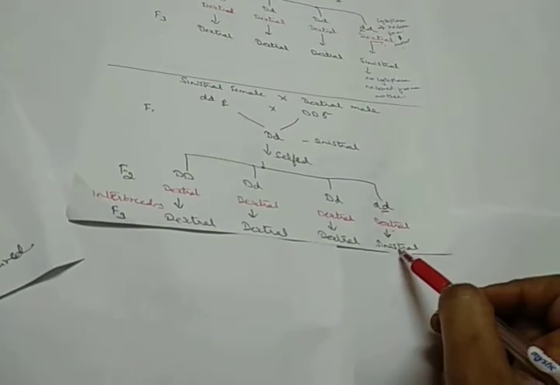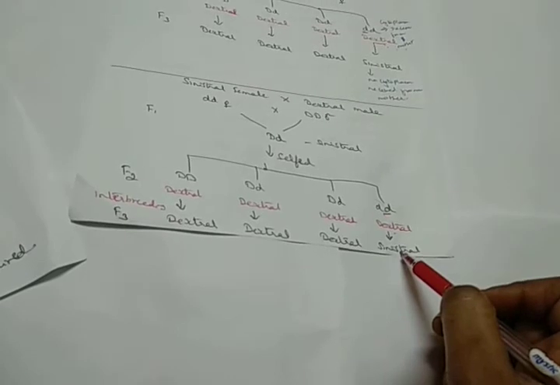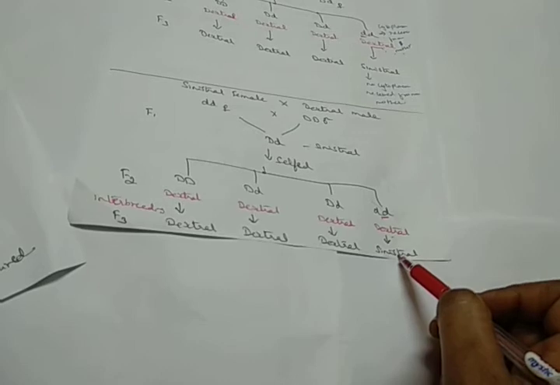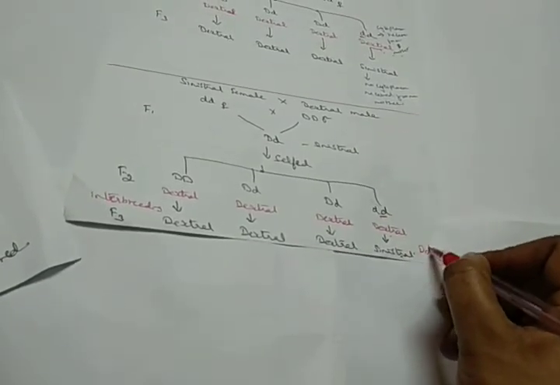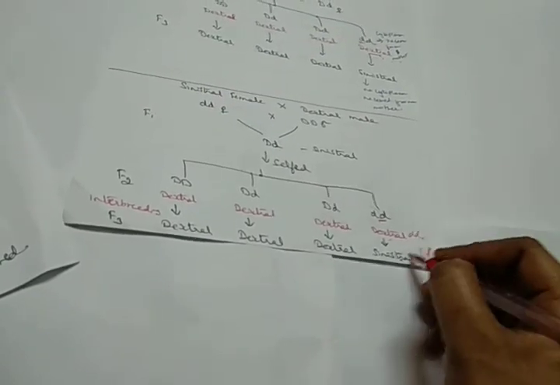So there is no presence of cytoplasm, in the sense that it is not going to receive any dominant gene from the female. So it is considered the sinistral form.